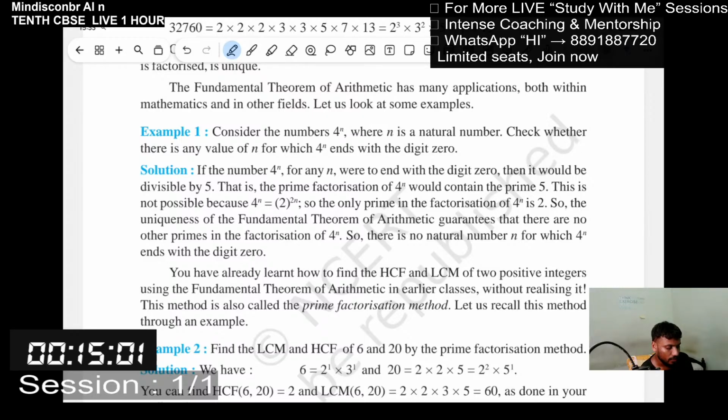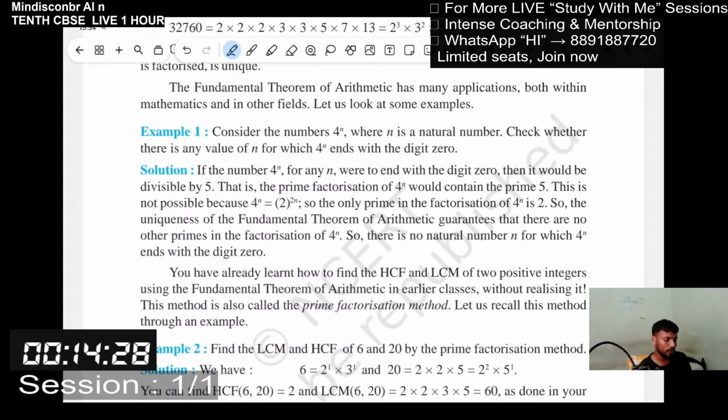That is, the prime factorization of 4 raised to n would contain the prime 5. This is not possible because 4 raised to n is equal to 2 raised to 2n, or 2 into 2 raised to n. So the only prime in the factorization of 4 raised to n is 2. So the uniqueness of the fundamental theorem of arithmetic guarantees that there are no other primes in the factorization of 4 raised to n. So there is no natural number n for which 4 raised to n ends with the digit 0.